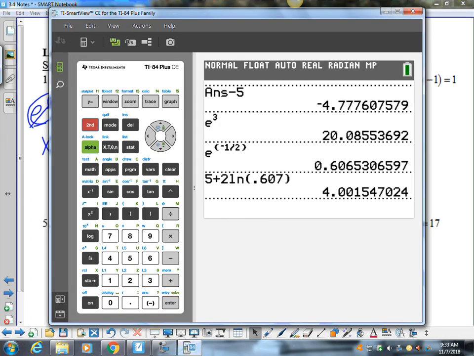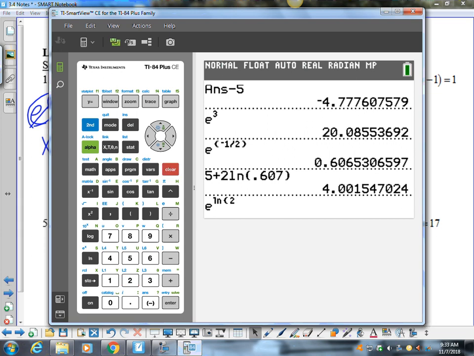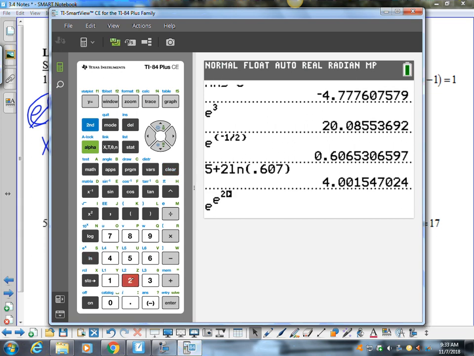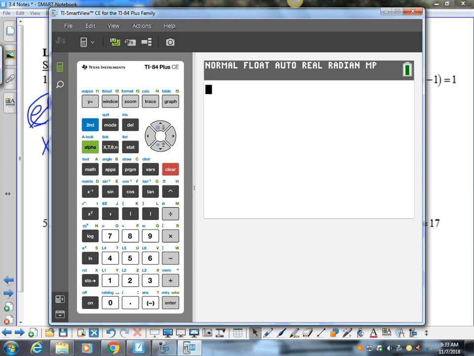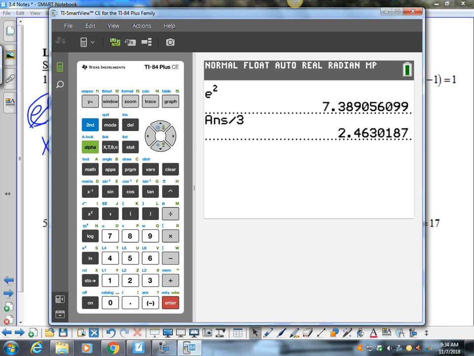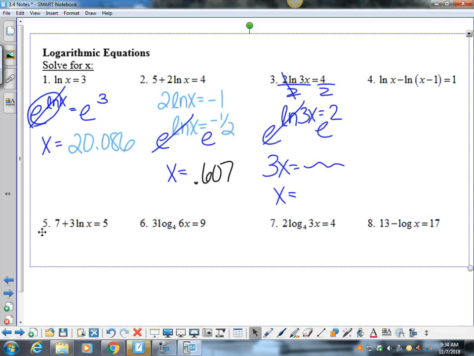So e to the second, divided by 3. Here we go. 2.463.